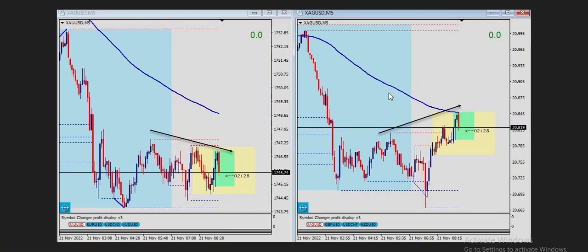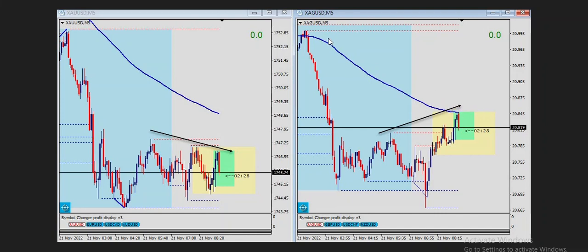Then the next set of trades I took were the ones where I use correlation divergence on correlated pairs. So you can see this is gold and this is silver. You see here on silver I was having a higher high, but on gold I was having lower highs here. And one of my criteria is I take entry when price is being rejected from the moving average.